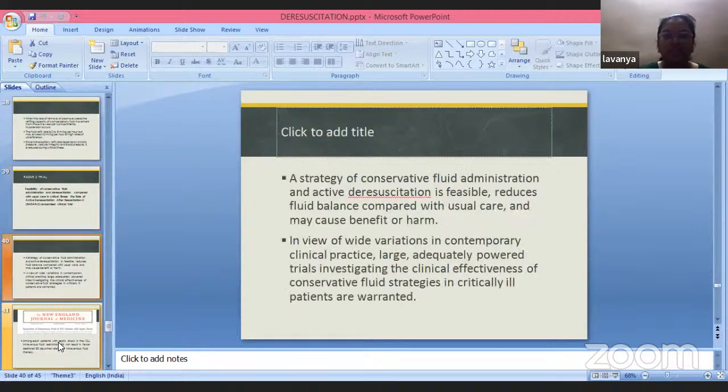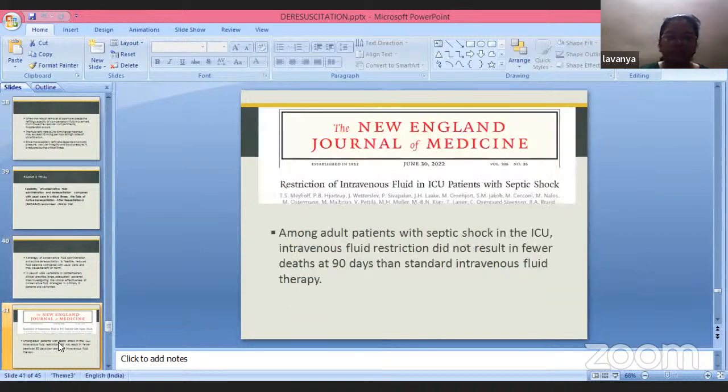They said that a strategy of conservative fluid administration and active deresuscitation is feasible. And whenever it is feasible, it reduces the fluid balance compared with usual care and may cause benefit or harm. So there are wide variations in clinical practice. Large, adequately powered trials should come. Further studies should be done in this aspect.